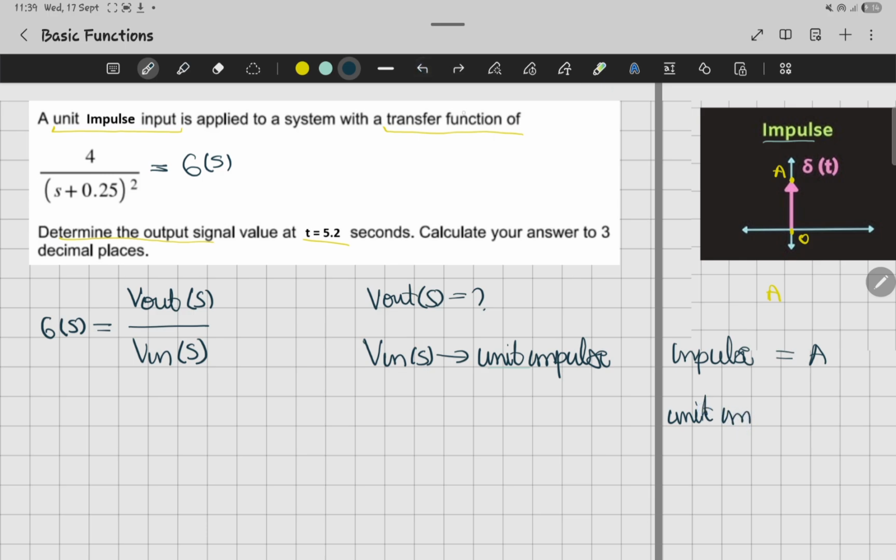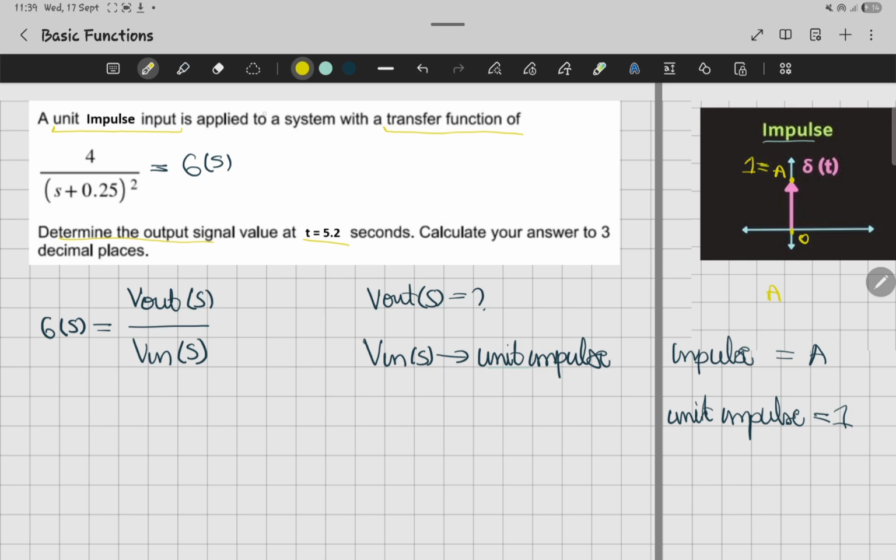When you see unit, this means it's going to be equal to 1, meaning that A will be equal to 1. So that's what we call unit impulse. You're going to have A equal to 1 in our equation.